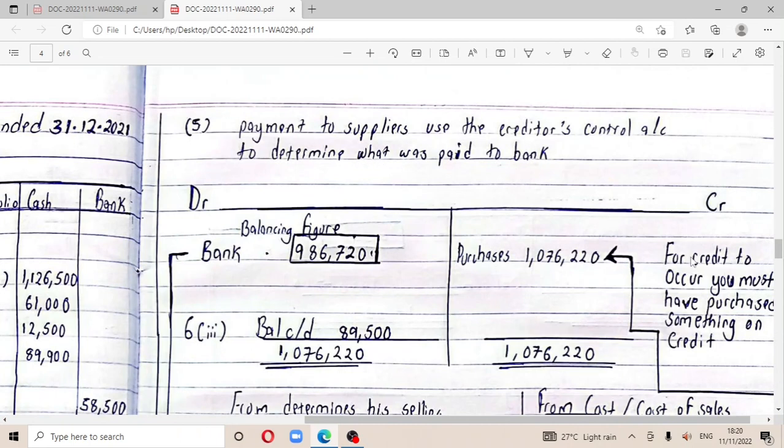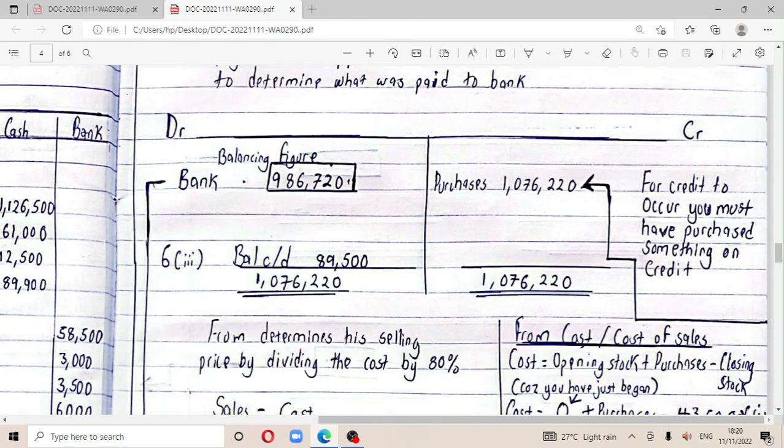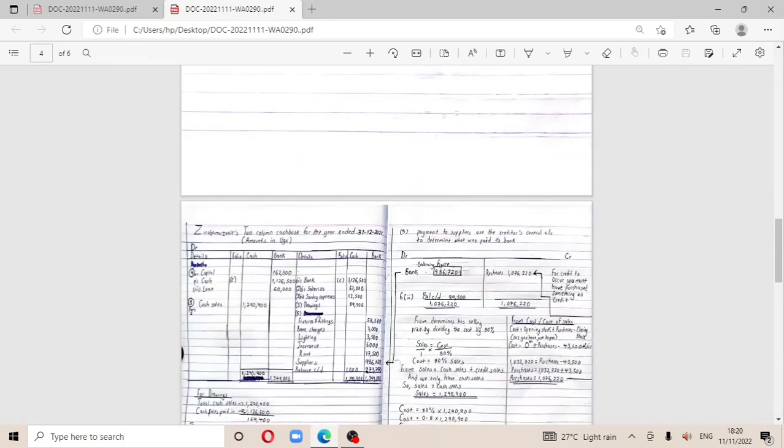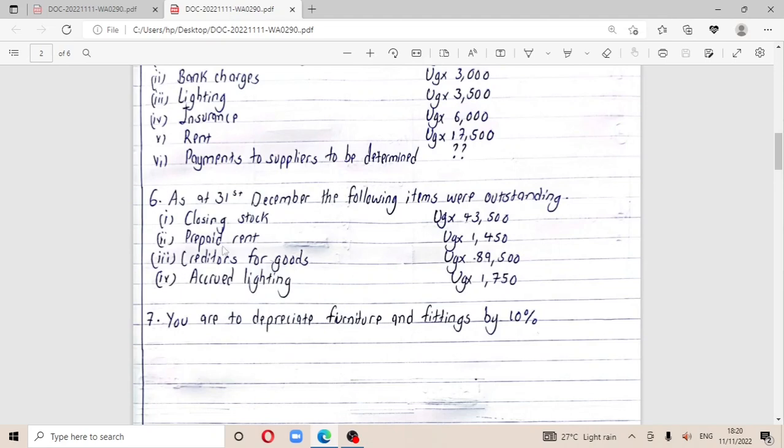This is because for a credit to occur, you must have purchased something on credit. So what do we have? When you look at note number 6, they're saying creditors for goods, and this note says as at 31st December the following were outstanding. So you see that you're having creditors for the goods.